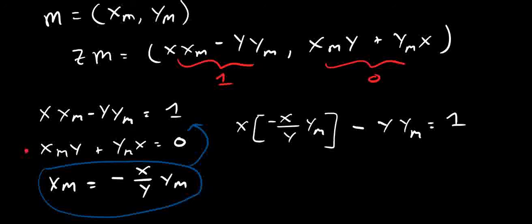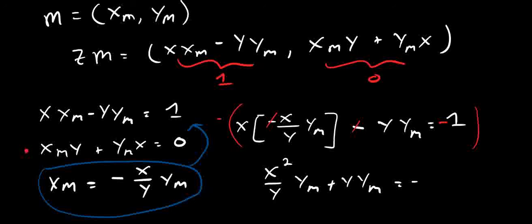So I'm going to multiply both sides by a negative. When I do that, this negative cancels, and there becomes a negative in front of my 1. Now I'll be left with x squared divided by y times ym plus y times ym is equal to minus 1.